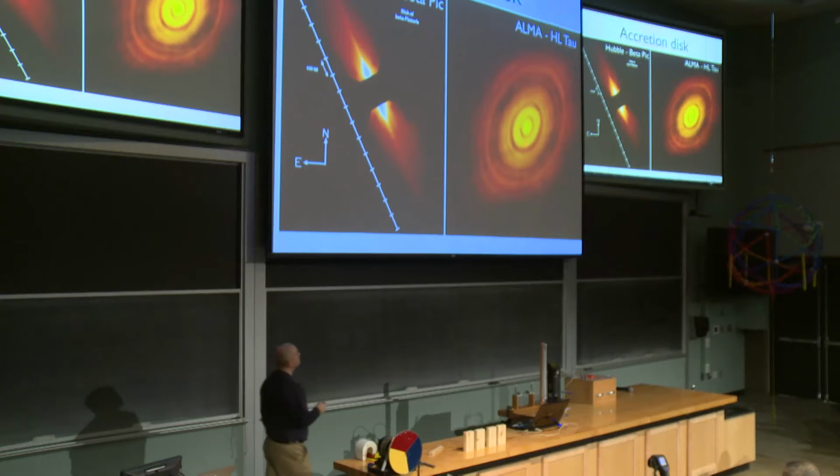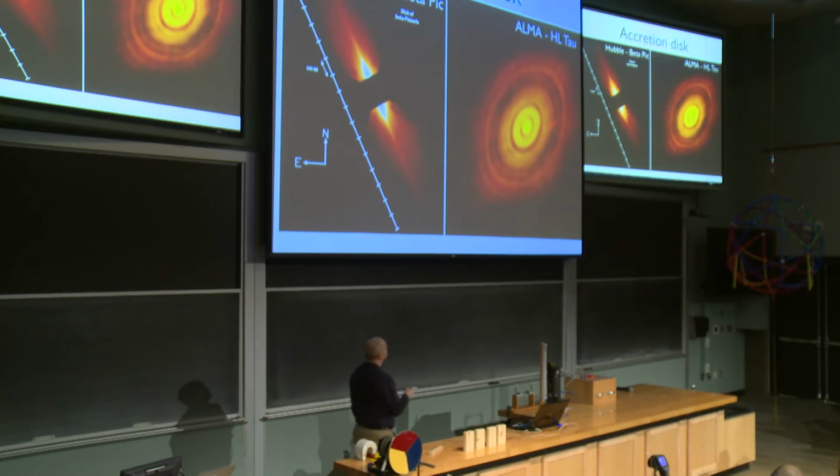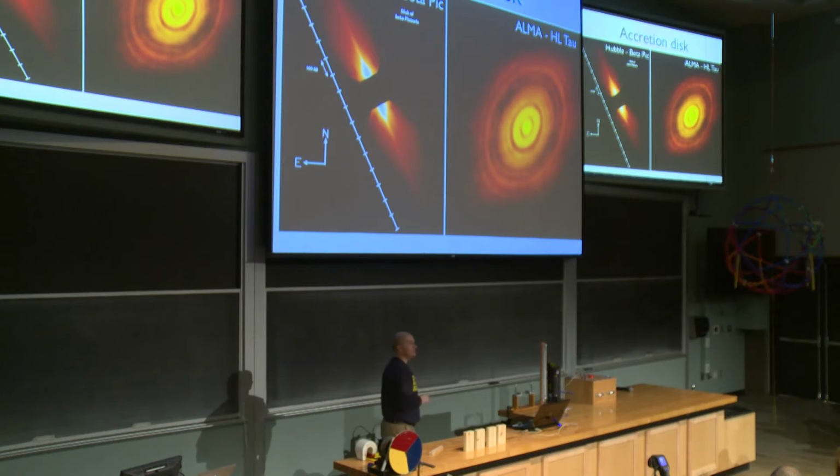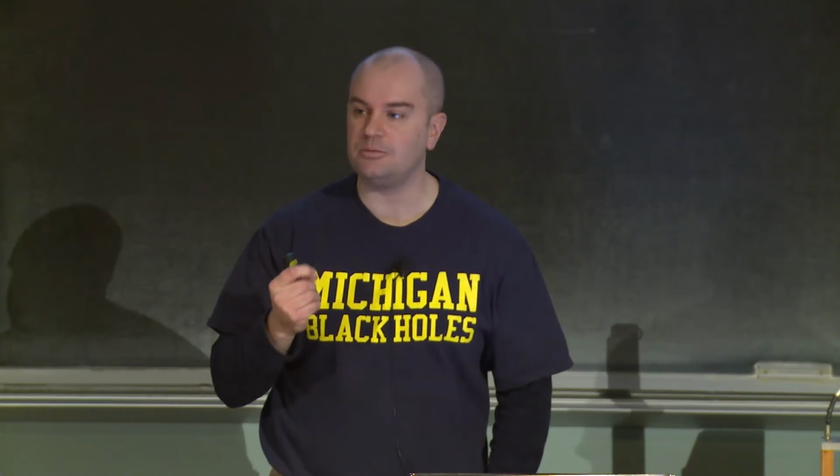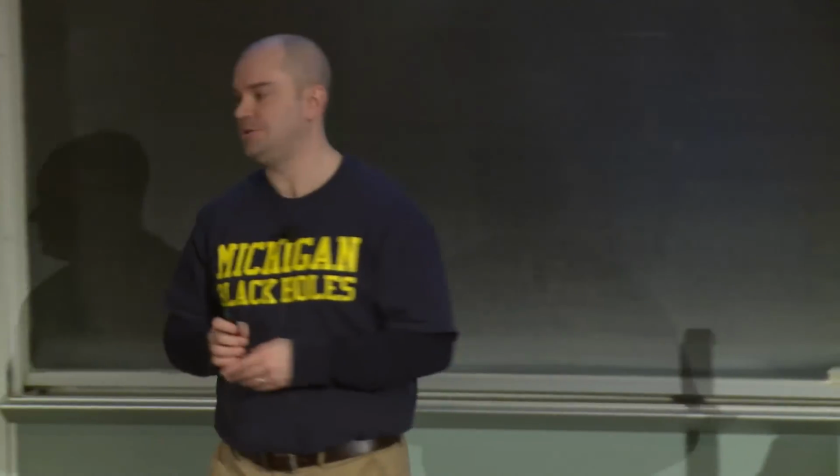So if we're going to get stuff in and make our star or make a black hole, we have to get rid of the angular momentum. They can't be exactly Kepler's orbits in these accretion disks. We have to change some angular momentum, change some energy, and get the energy out.